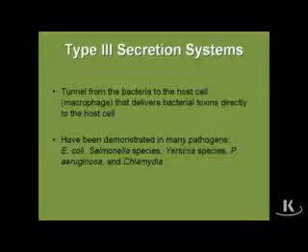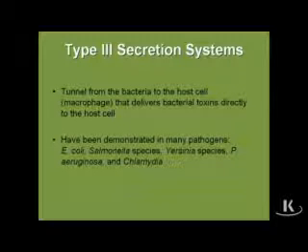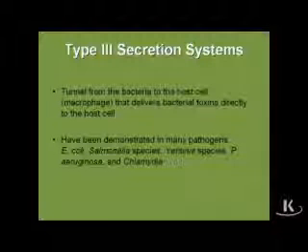Now, type 3 secretion systems are really interesting. If you want to think about it like this, they are a molecular syringe, so that a bacteria can just, bam, inject toxins directly into a host cell without necessarily having to get into that host cell, without having to bind to an extracellular receptor.